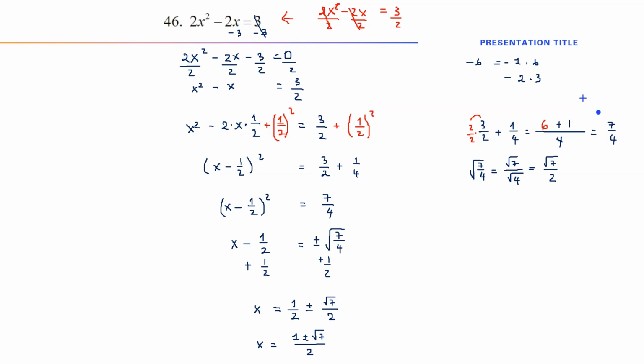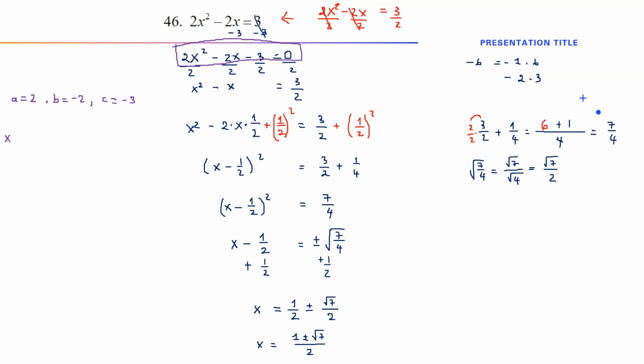In case we don't want to work with fractions, we can use the quadratic formula. So a equals 2, b equals -2, and c equals -3. We use this one, the quadratic equation standard form.